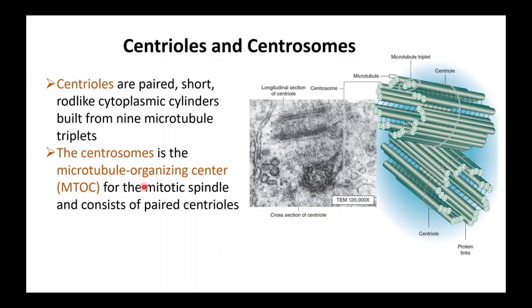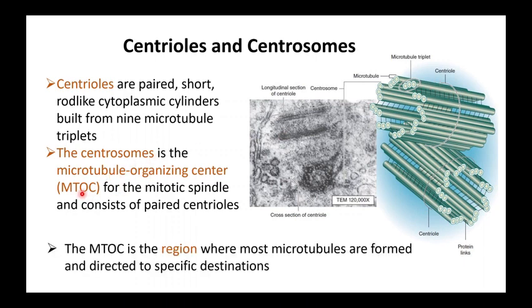Okay, so the centrosome will have two centrioles along with certain protein around it to form what? To form the microtubule organizing center. So this microtubule organizing center is a region where most microtubules are formed and they are directed to different places. The microtubules which are sitting in the cilia, where are they produced?